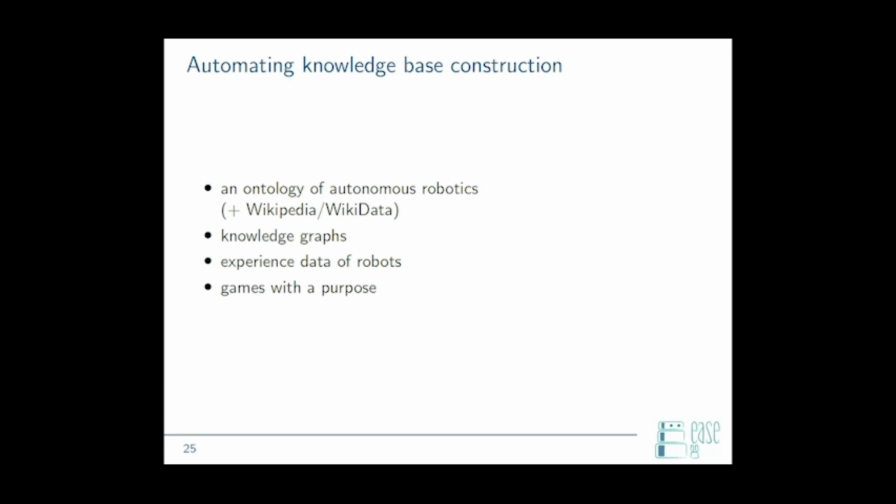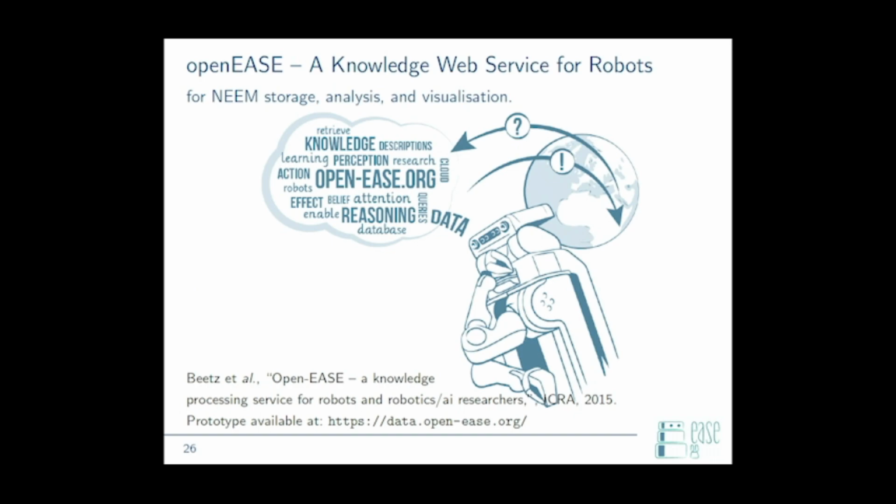And of course, what we want to have at the end is a web knowledge service for robots, just like the Siri agent or Amazon Alexa, that robots can ask how they can accomplish a particular task. There are also issues in representations.